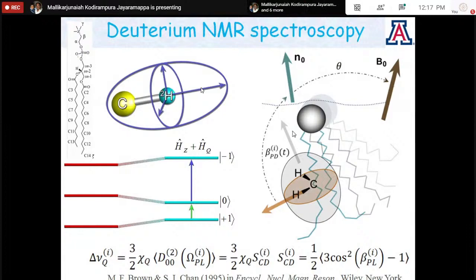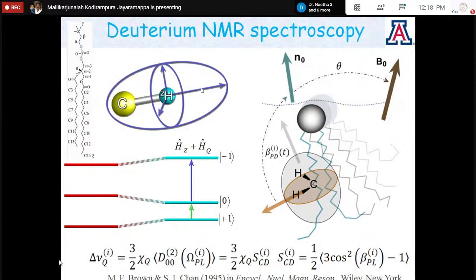I am correlating them with functions here, the Legendre polynomials we will consider. But the bottom line of this slide is that I get two NMR signals, and the separation between those two peaks gives rise to delta nu q. Again, I am going to show the spectrum and we will understand it in a better way.